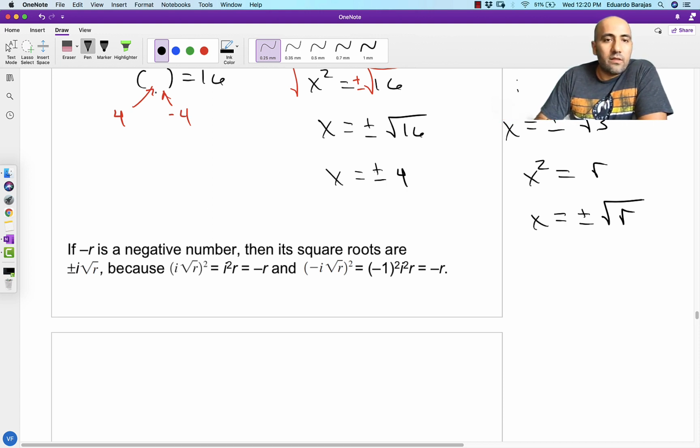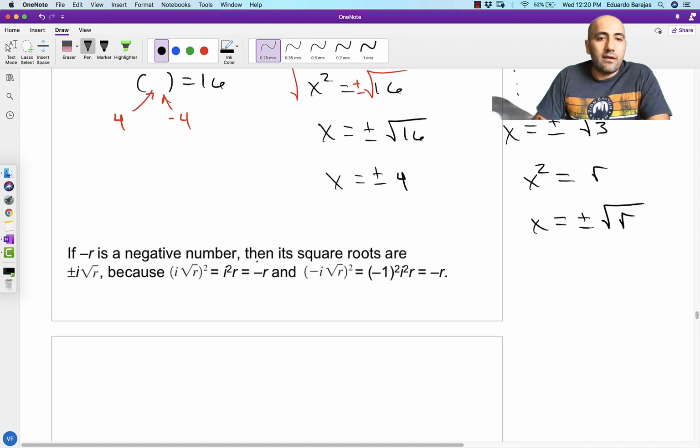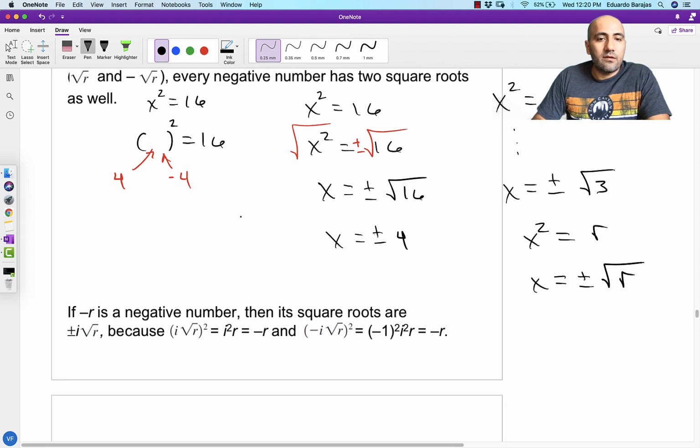What in the world is all that saying? Well, kind of like up here, I just convinced you that you can put in a 4 or you can put in a negative 4, and then the answer works. We can do the same thing here.